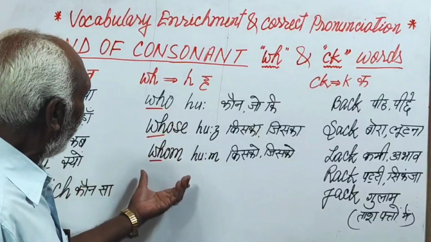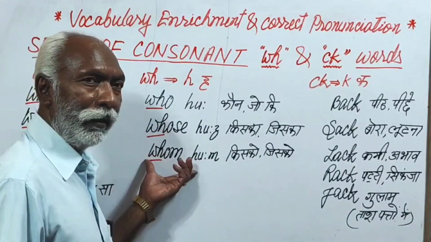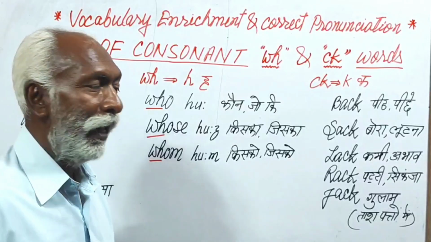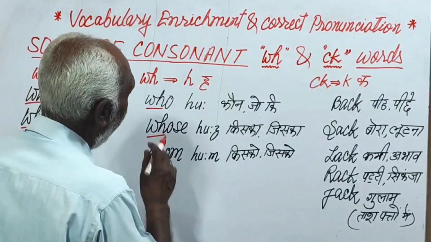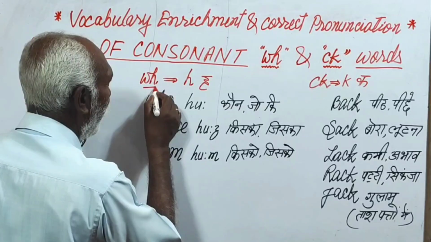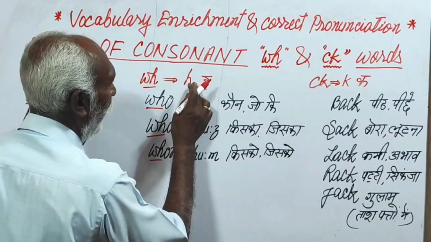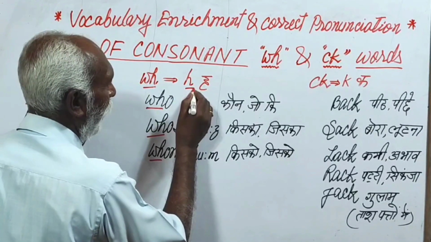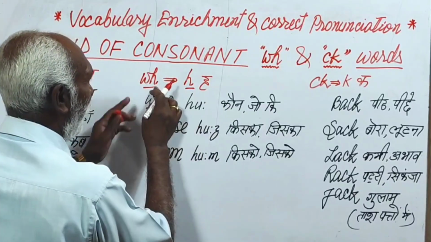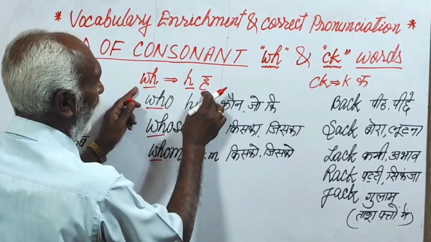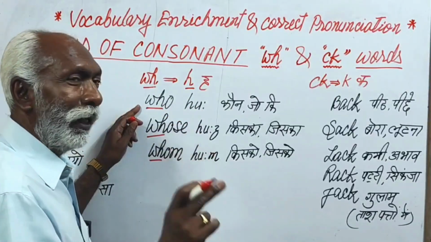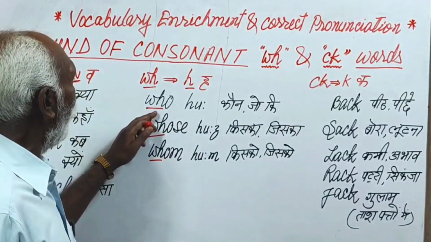And next, I have also given three WH words. So here, dear, you find WH, and this one is now pronounced as H. WH pronounced as H. In these words you may see, you may find, you may pronounce too.